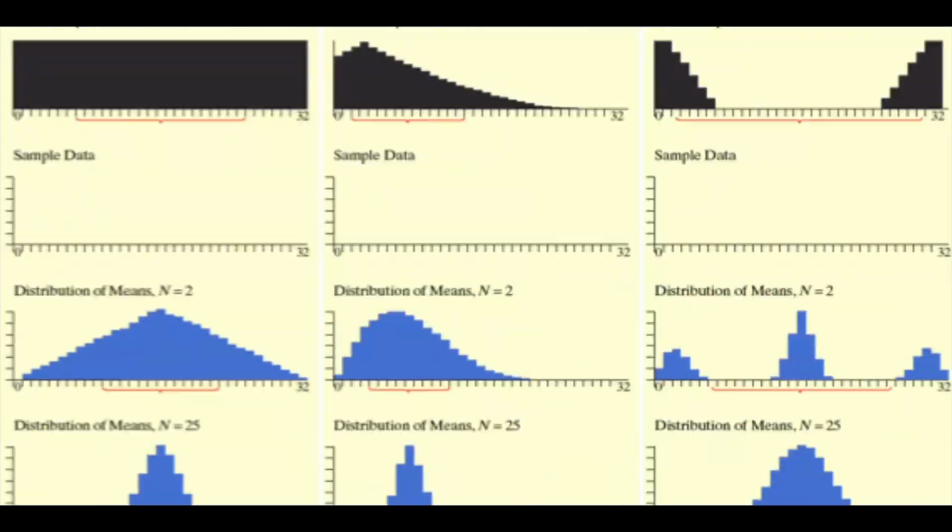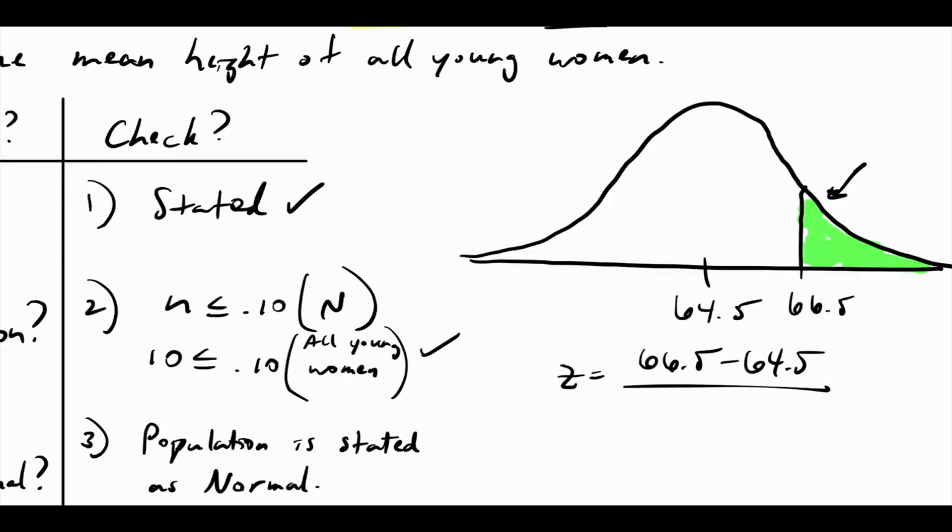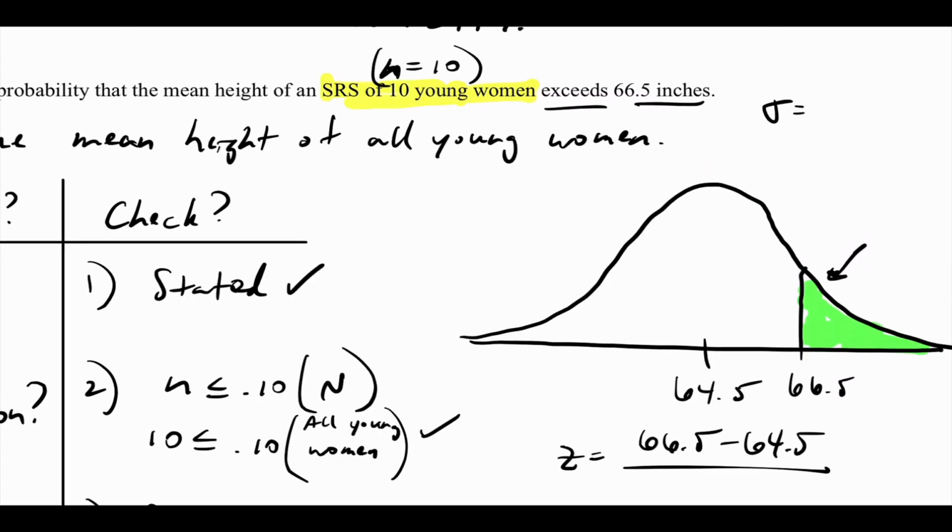Okay. So the standard deviation is 2.5 divided by the square root of 10, around 0.791.